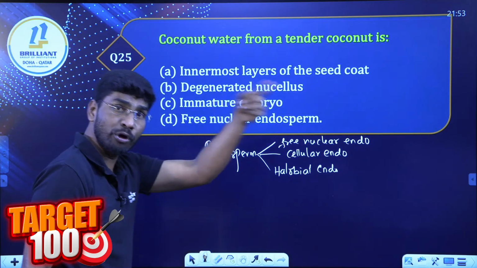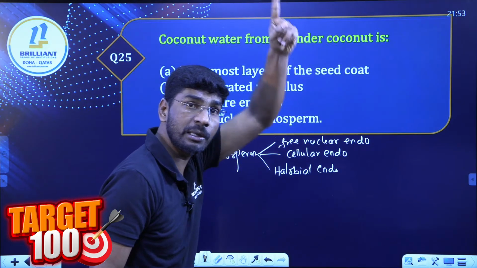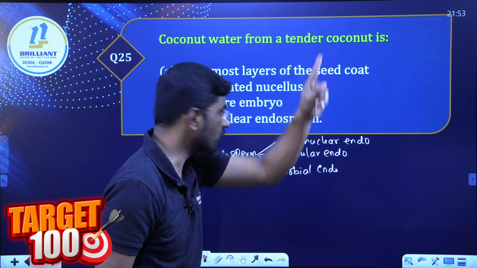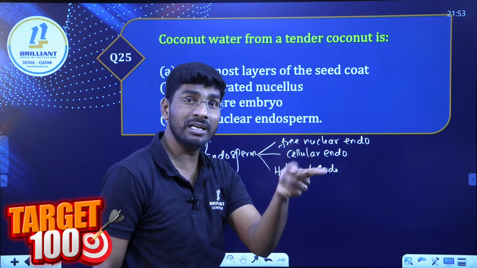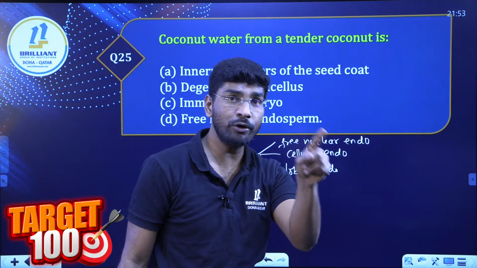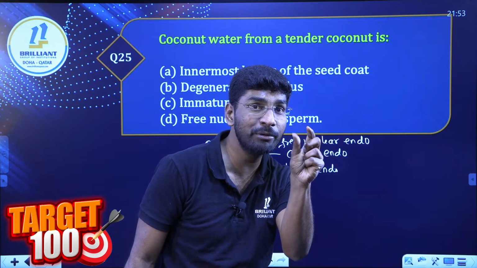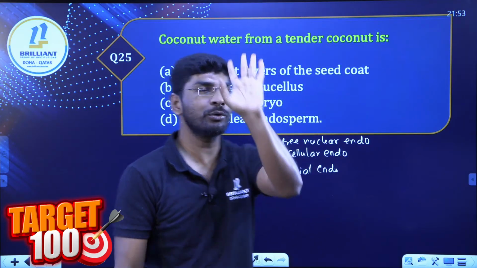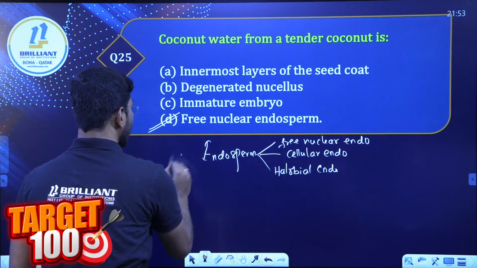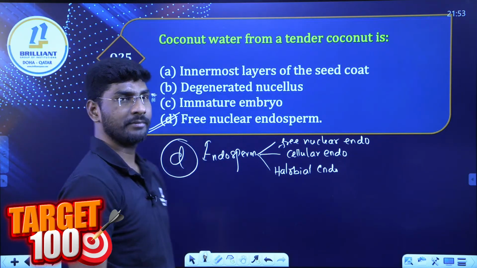Remember, student, one more MCQ question: helobial you would see in the monocots. Here, free nuclear endosperm and cellular endosperm are in coconut. In tender coconut, the edible white part is cellular, and the free water is free nuclear. So the answer is free nuclear endosperm.